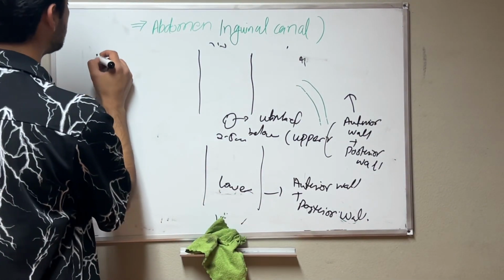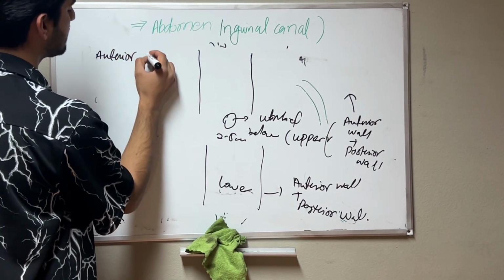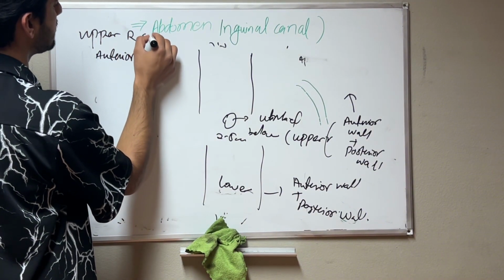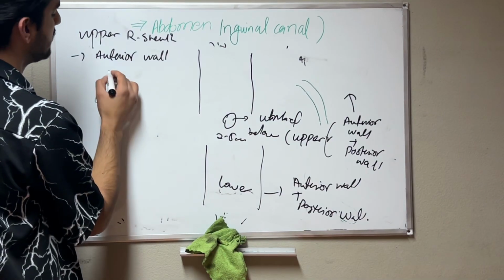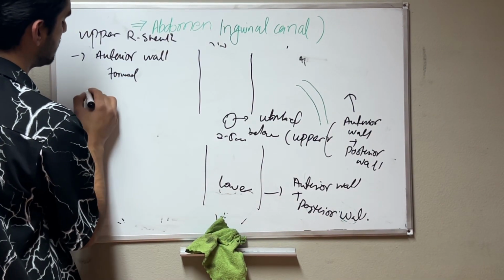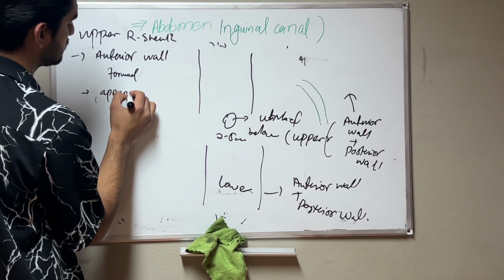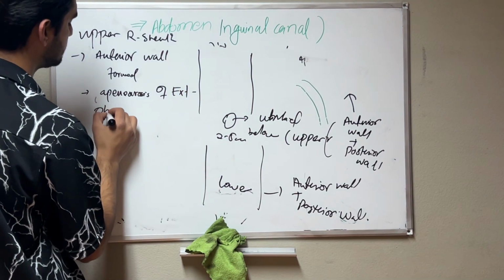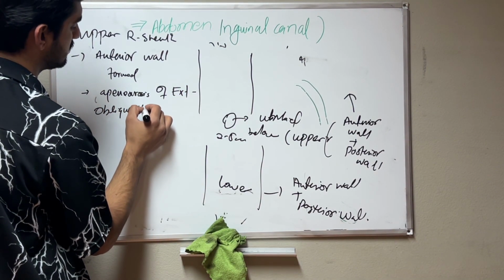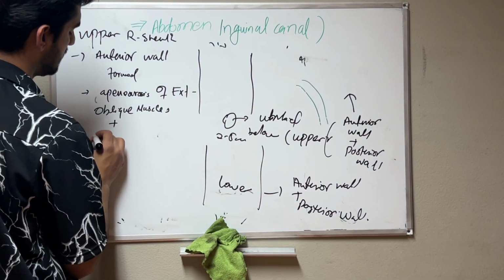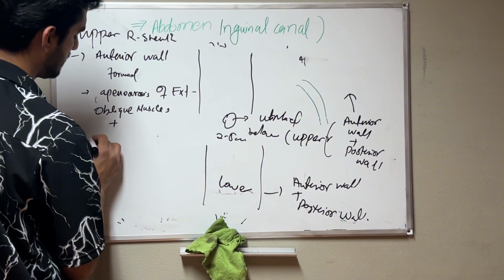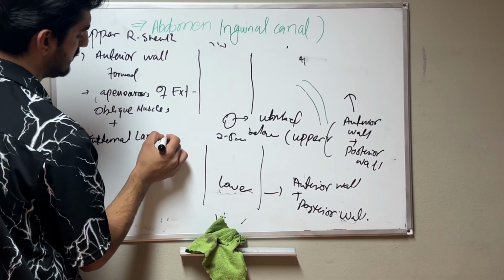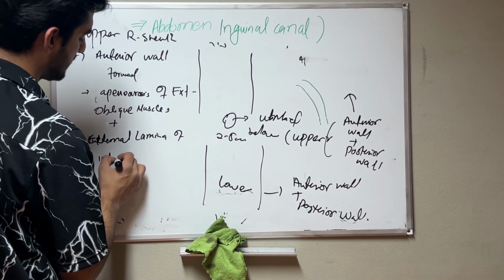The anterior wall of the upper rectus sheath is formed by what? The aponeurosis of the external oblique muscle plus the external lamina of the internal oblique muscle.